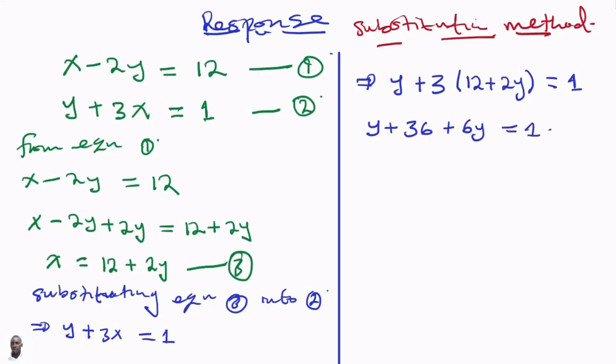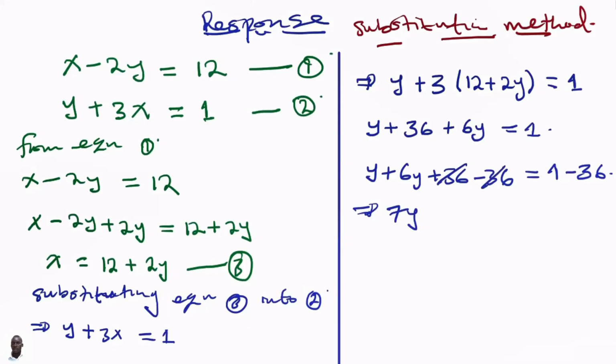Let us simplify and collect like terms at the same time. So we are going to have y plus 6y plus 36 minus 36 equals 1 minus 36, implying that we are having 7y. When we sum y plus 6y, we are getting 7y. Then the 36 and minus 36 cancel out, so that we have 7y equals 1 minus 36, which is negative 35.